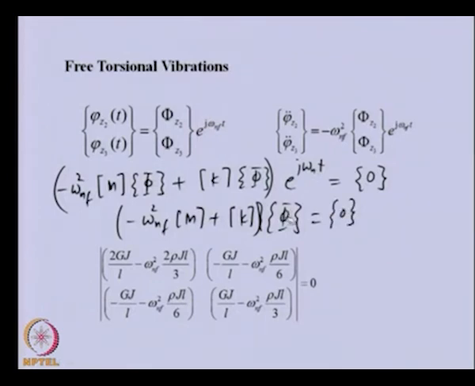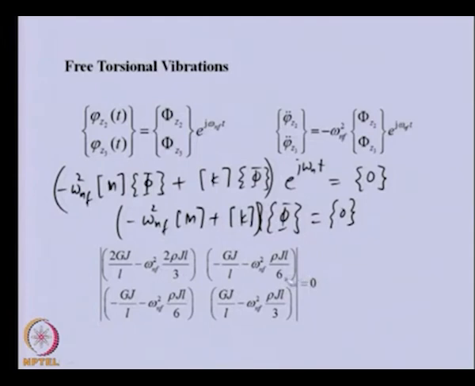So now you can see this is a homogeneous equation, and if we put this equal to 0, there is no motion of the system, so this cannot be 0. So the determinant of this has to be 0, and that is that particular term in which we combined the mass matrix and the stiffness matrix multiplied by the natural frequency square term.